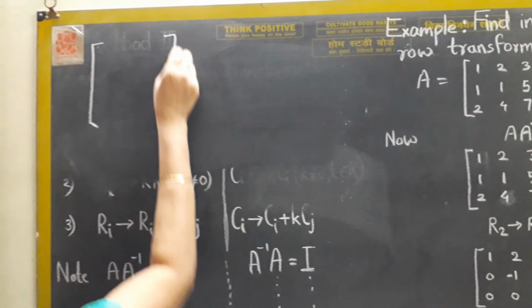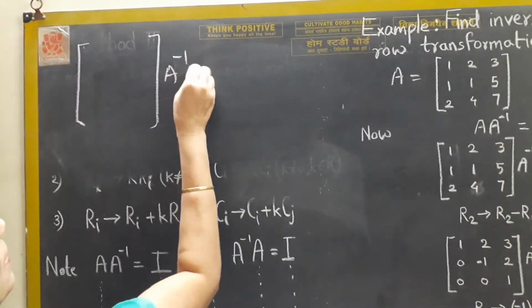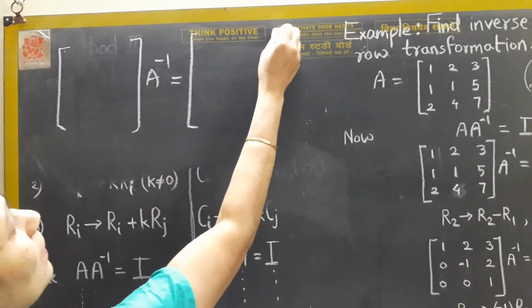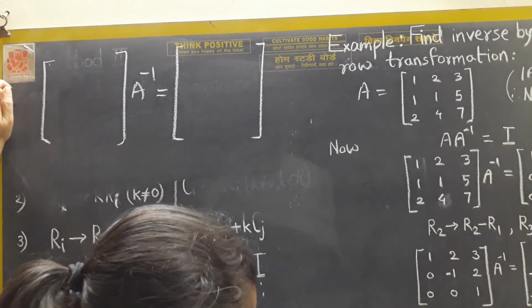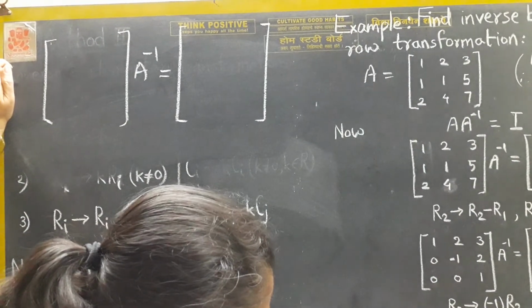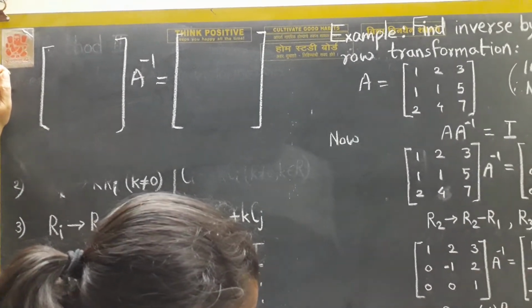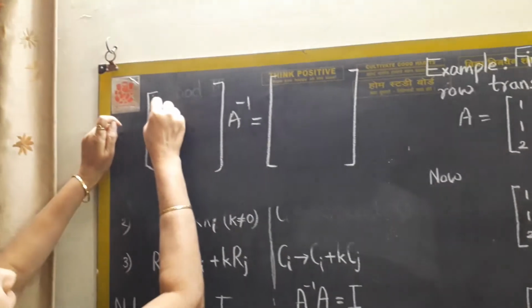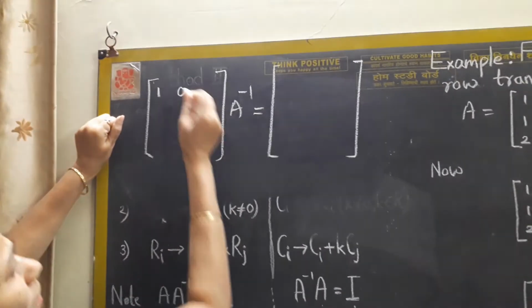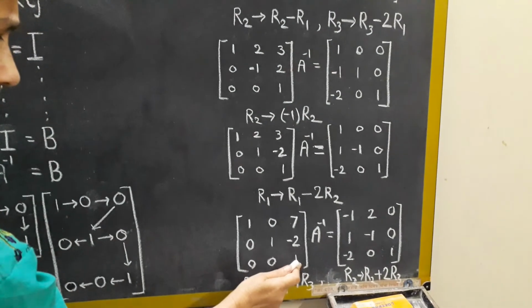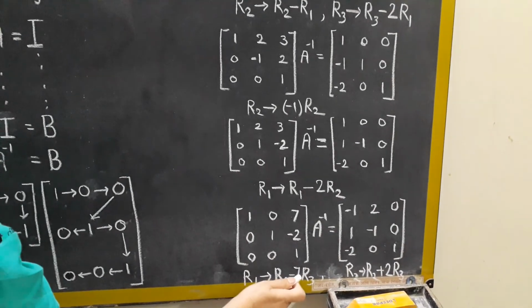and now here I will write the changes which we are getting here. A inverse is nothing but, here the R1 we want to change, which is R1 minus 7 times R3. So 1 minus 7 times 0, which we get as 1. 0 minus 7 times 0 is always 0. Then 0 minus 7 times 1 is... The next is R2.